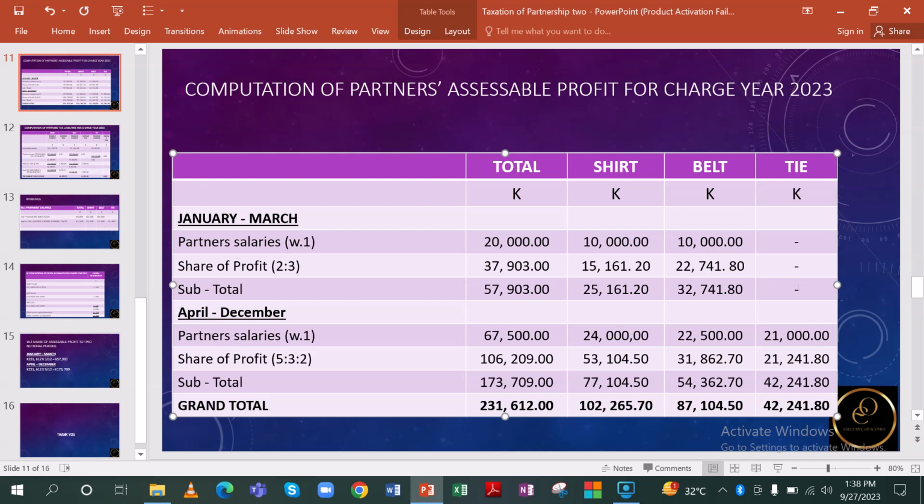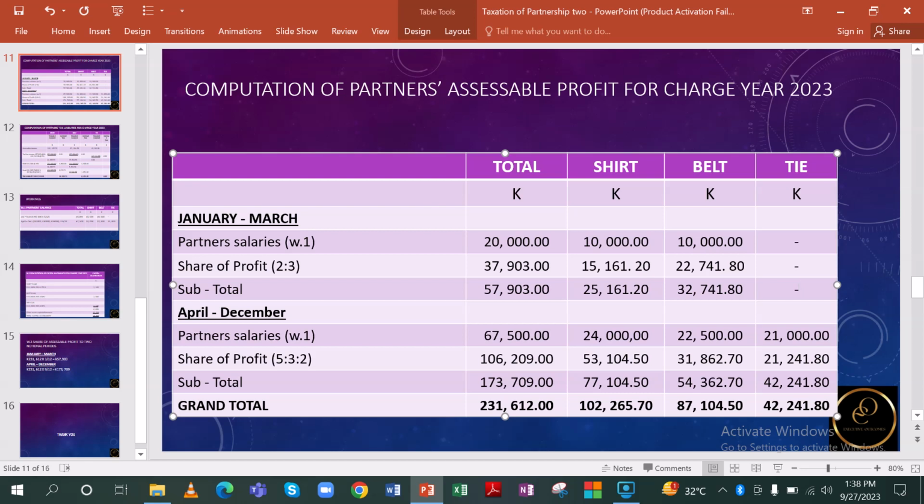And then we also had Belt coming up with the 22,500 as salary for 9 months. Now this time Ty has come into the picture, so we have got 21,000 under Ty relating to salaries. When you add these 3 salary figures, we get a total of 67,500.